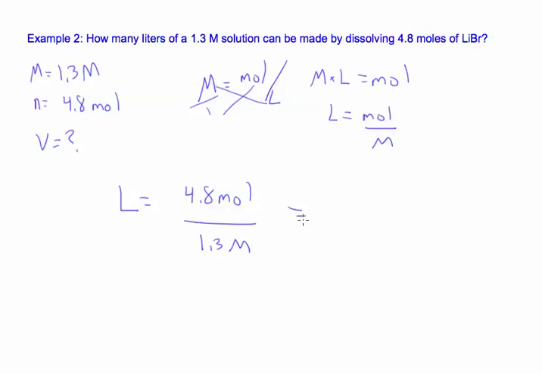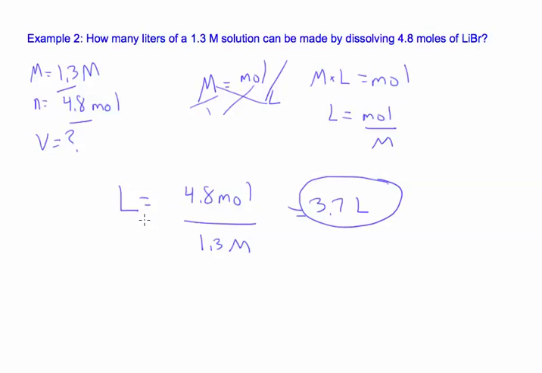So we do 4.8 divided by 1.3, and we get 3.69231. When we talk about significant figures, we have 2 and 2, so we're going to round this number to 3.7 liters. Please make sure you add the units at the end, not just at the beginning.